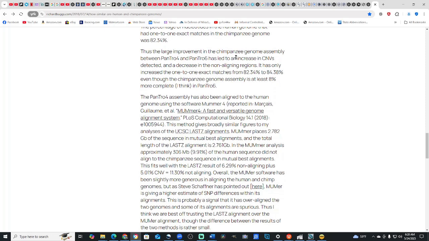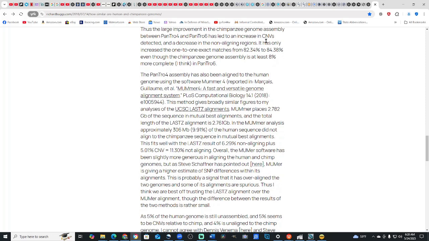Thus, the large improvement of the chimpanzee genome assembly between Pan troglodytes 4 and 6 has led to an increase in CNVs detected. So in other words, the differences actually increased over time, and a decrease in the non-aligning regions.